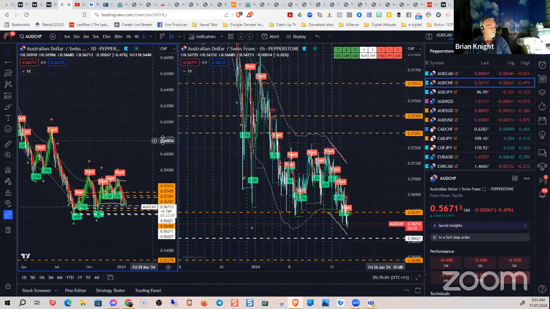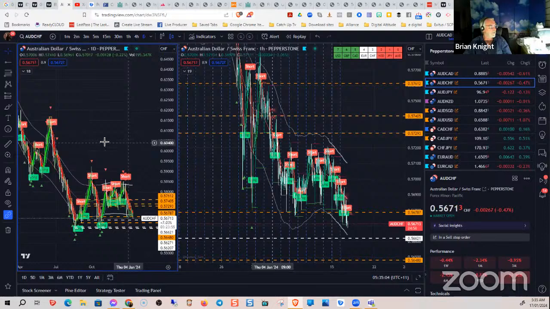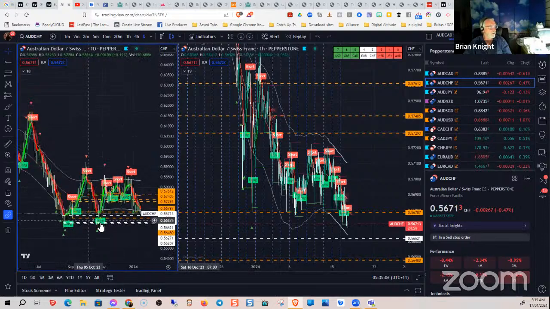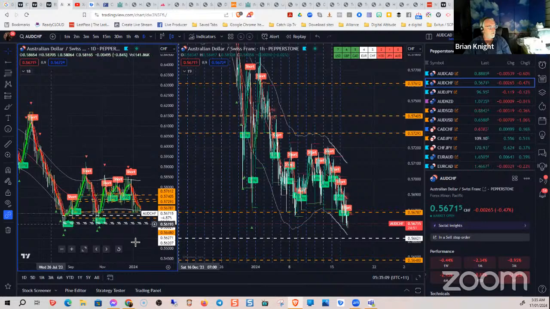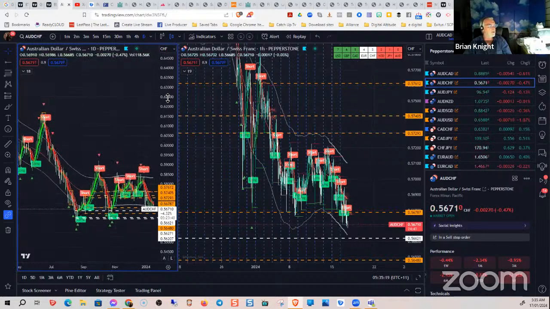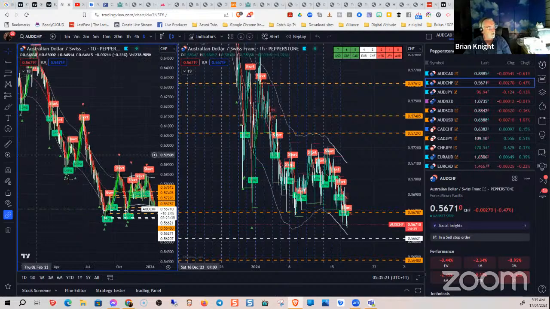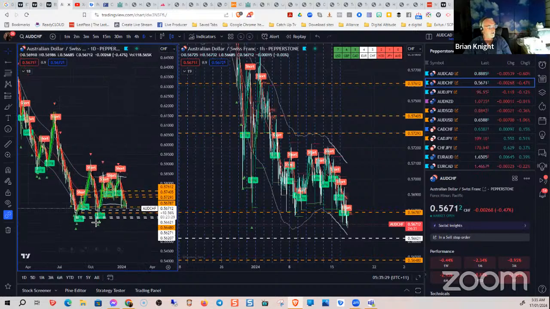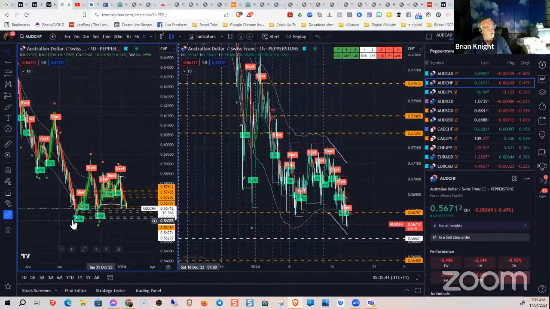The only problem I can see is it has been going sideways there, and it made two equal lows. So what it's done is it keeps making new lows, pushes back up, makes another low, pushes back up, makes another equal low, which is sort of telling me that this may be out of ability to actually push down past this point.